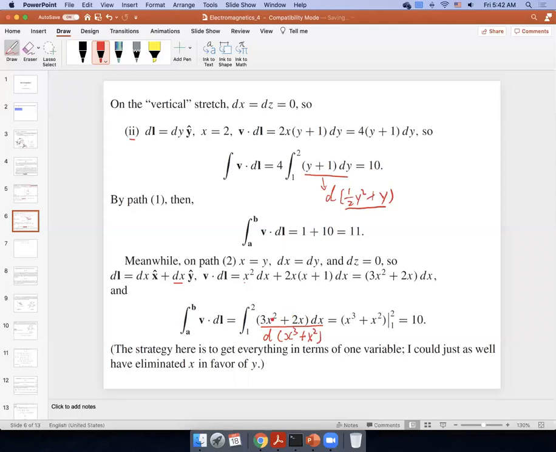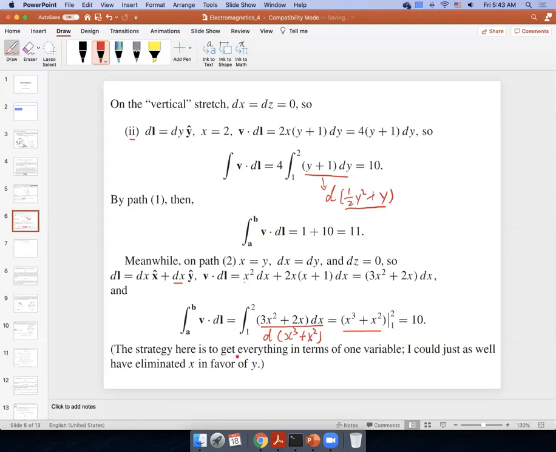Again, if you're not familiar with transforming from this form to that form, you need to go back to your basic integral knowledge. And then you will calculate x cubed plus x squared from 1 to 2. You just plug in the numbers 2 and 1 into the equation and subtract from each other, and you will get 10.